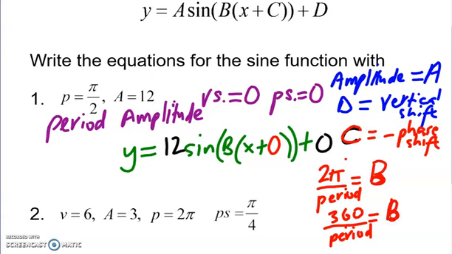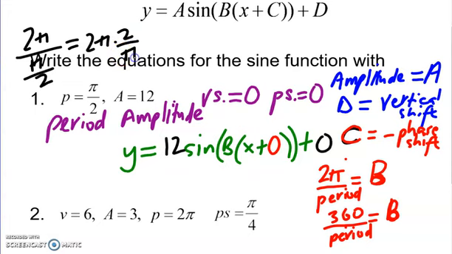In this case then, let's do the calculation off to the side. So we have here 2 pi divided by pi over 2. That's the same as 2 pi times 2 over pi, and then that gets me 4.